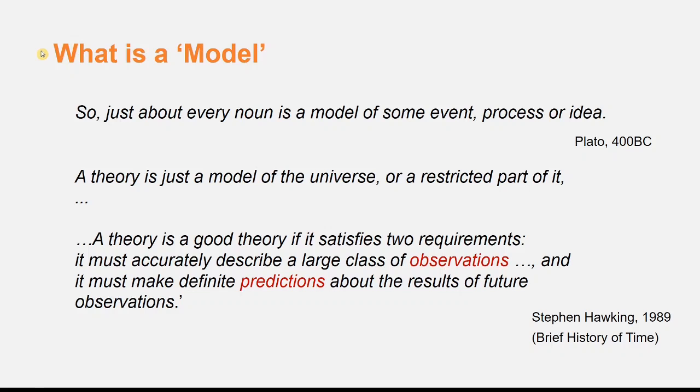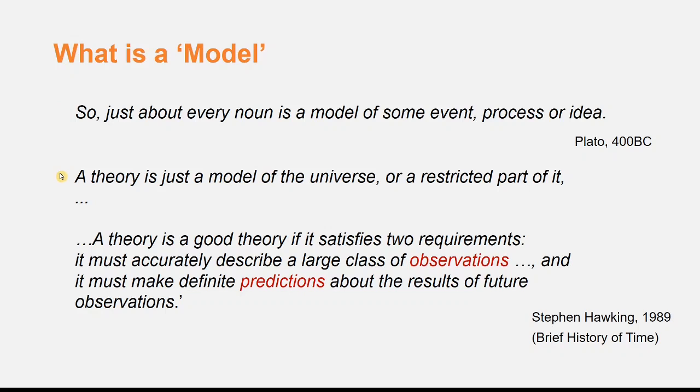Before we start learning how to develop process models, it is worth considering what a model actually is. Here are two quotes by eminent thinkers of their time. Plato described nouns as being models of events, processes, or ideas.